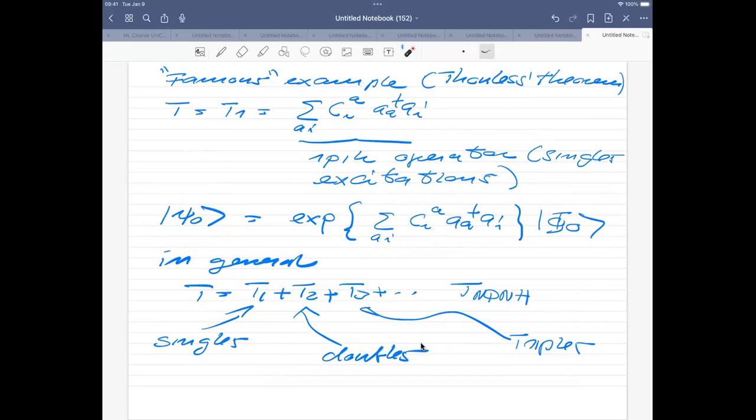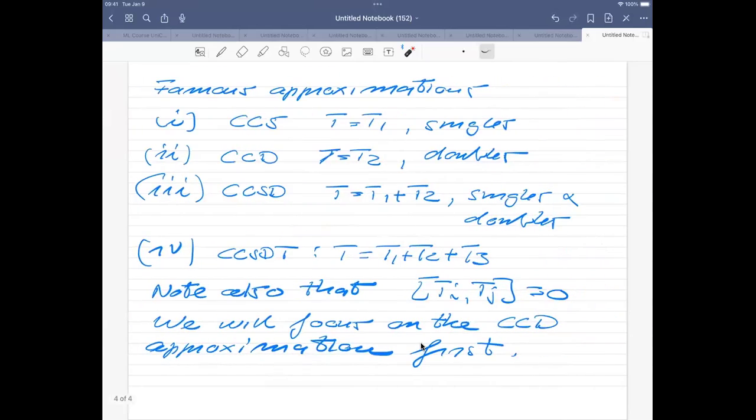In general, however, this operator T, which we have here, is an operator which now contains one particle, one hole, two particle, two hole, three particle, three hole, and up to four particle, four hole excitations. Then some very famous approximations which we are going to encounter: one is the singles excitations, which we also discussed yesterday.